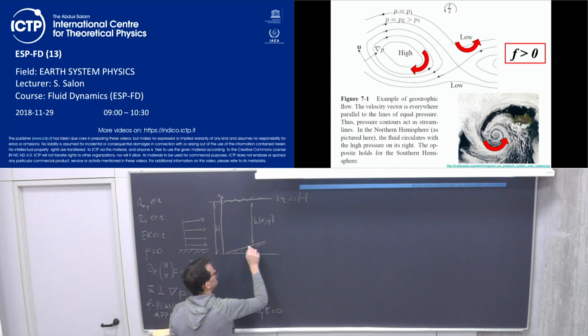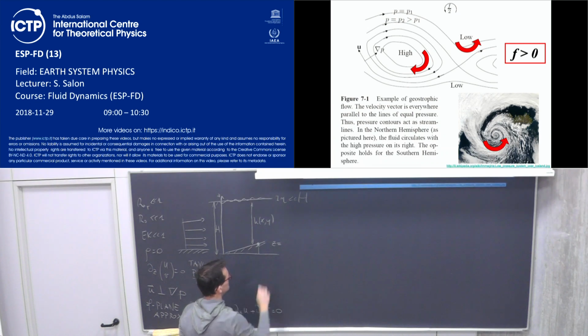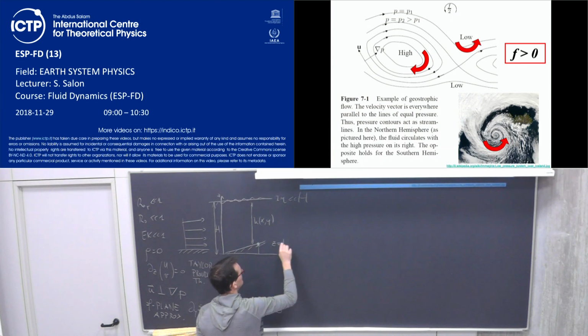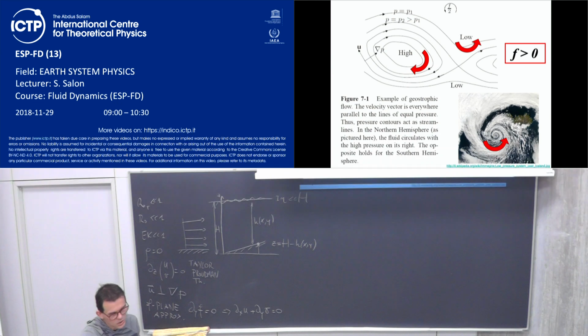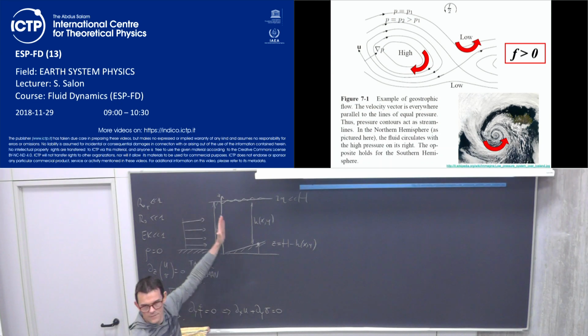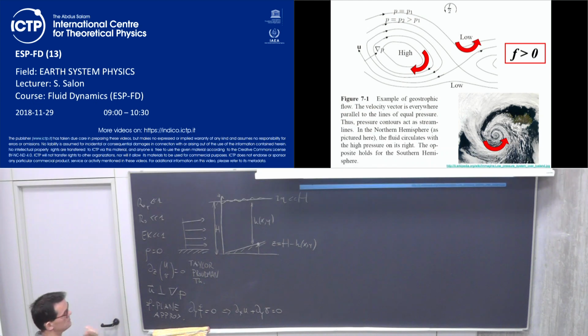So a point here will have a vertical coordinate z, which will be equal to capital H minus h, a function of x and y. So according to the position, of course, I can have a different depth, like the bathymetry in the ocean.